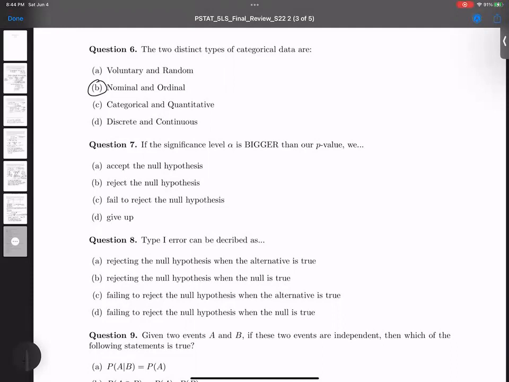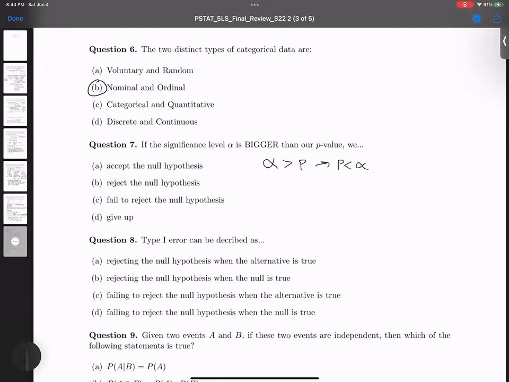So let's write it out. We have that alpha is bigger than P, which we more commonly write P less than alpha.